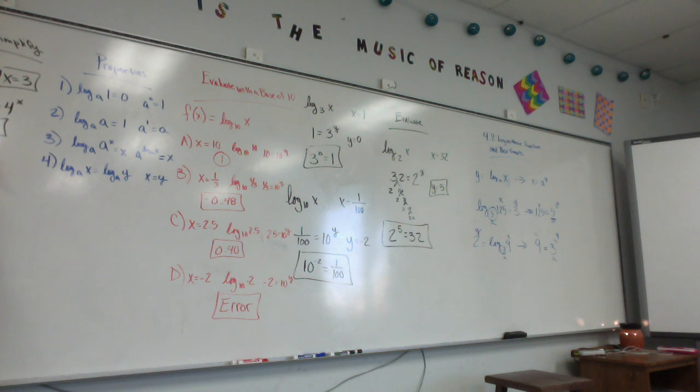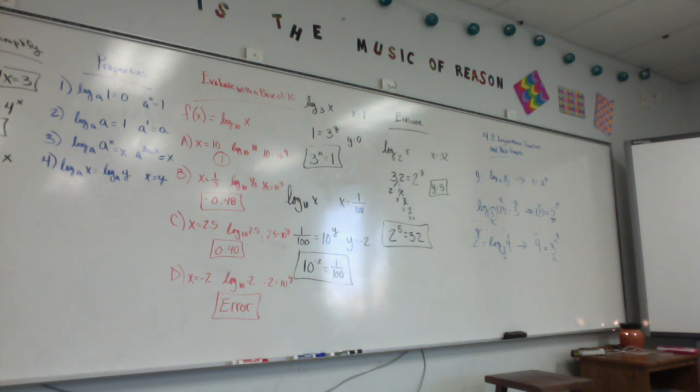So 5 to the x. So I have log base 5 of 5 to the x equals x. This should still have an x with it because it's the same thing. Equals x. And that is all I can do. That's as far as I can simplify for now. Later on, we'll talk about how to go further from there.